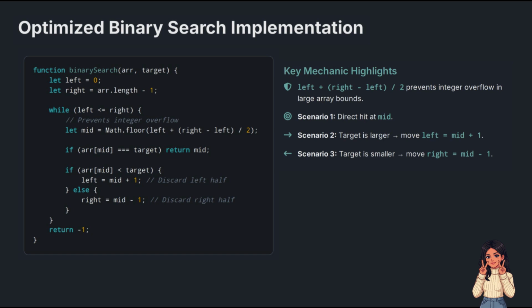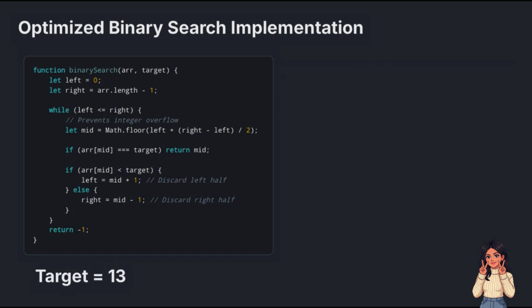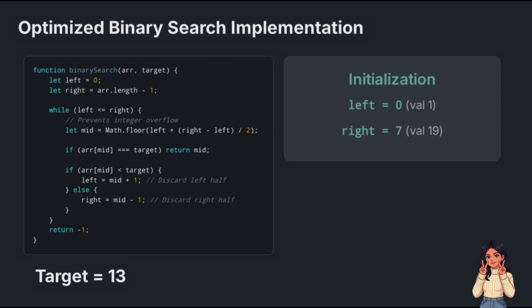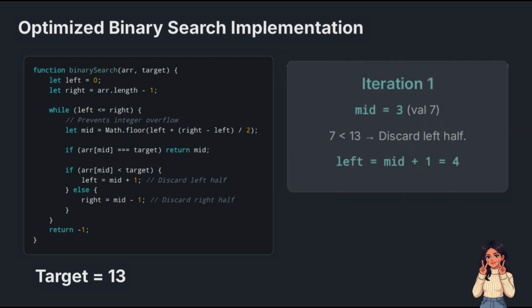Suppose we pass our function a sorted array of IDs and we are searching for the target 13. When the function initializes, the left pointer points to index 0 and right points to index 7. During the first iteration, the loop calculates the middle pointer, that is index 3. Now index 3 holds the value 7.